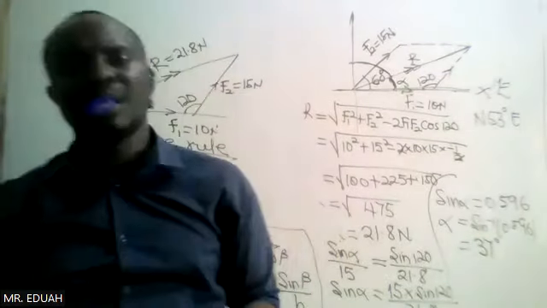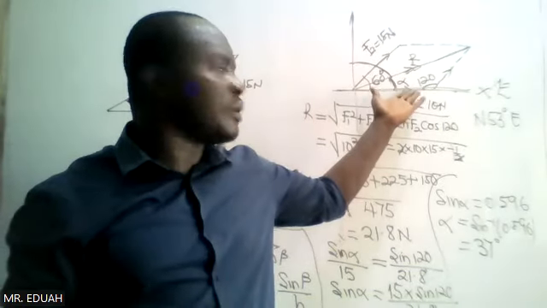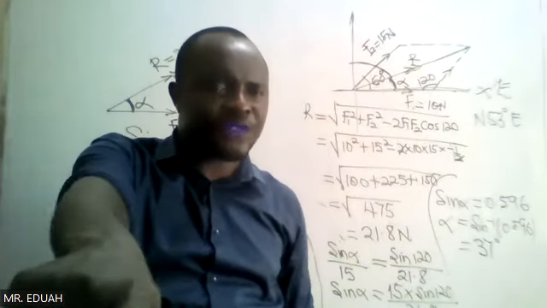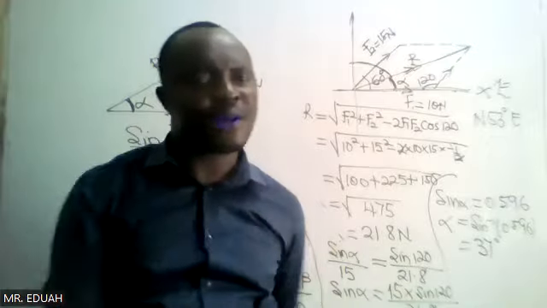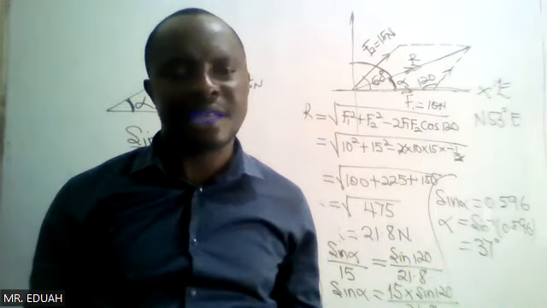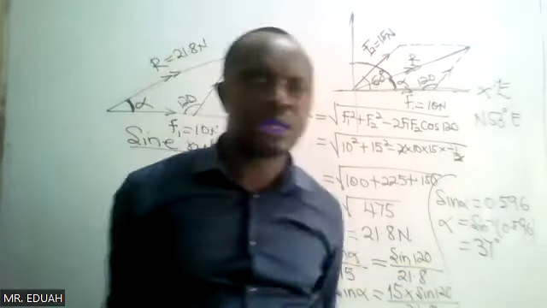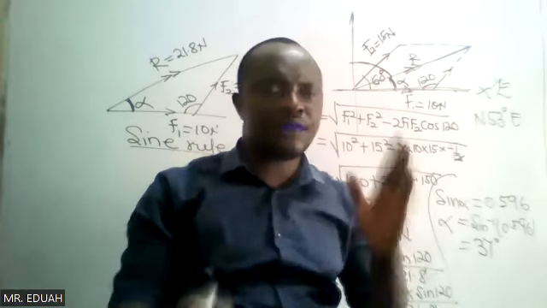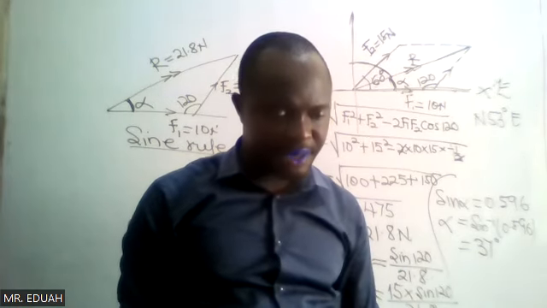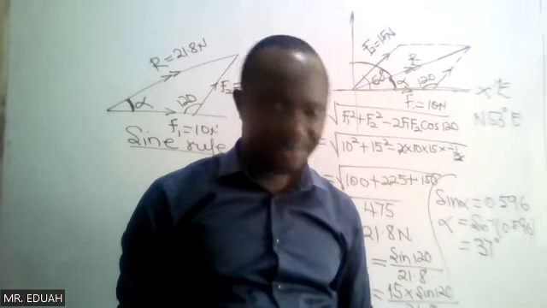But if the question says find the direction of the resultant, it can be from the x-axis or from the y-axis, and you would have to be specific where you are taking your direction. 37 degrees from the x-axis, 53 degrees from the y-axis. Any of these directions qualifies. Have I answered you? Yes, please. Thank you, sir.